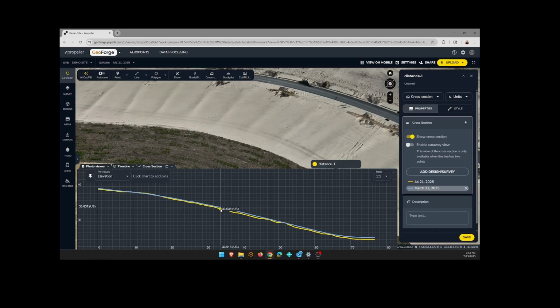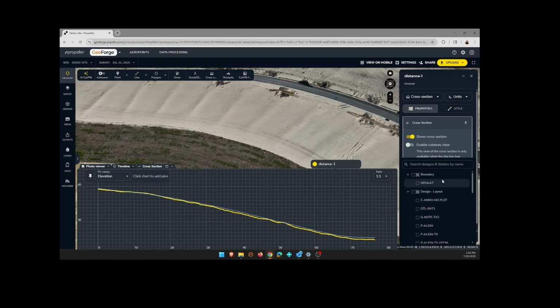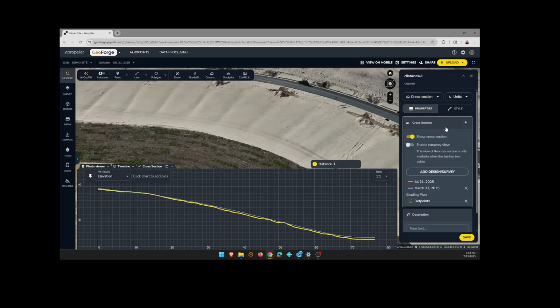We can even add in a design. If we had the design for the surface grade plan, which we do, let's bring that in. Here's the grading plan. We'll add that, and that grading plan is right here.